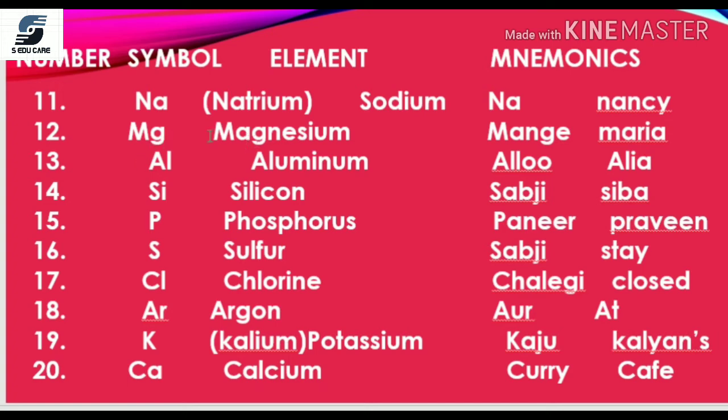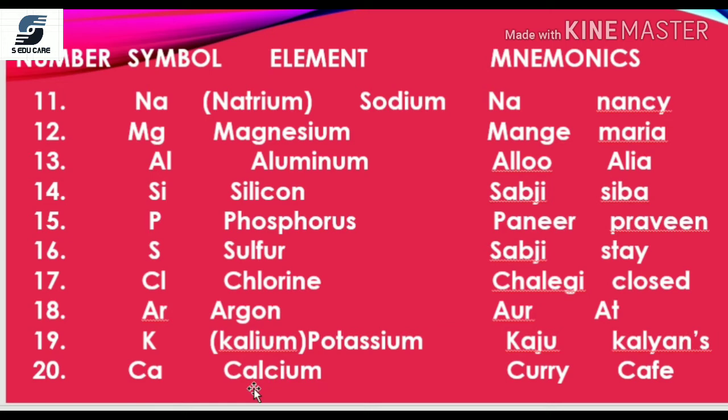In English you can read Nancy for natrium, Maria for magnesium, Alia for aluminum, Siba for silicon, and Provine for phosphorus. Stay for sulfur, closed means chlorine, at for argon, Kalyan's means potassium, and cave is calcium.